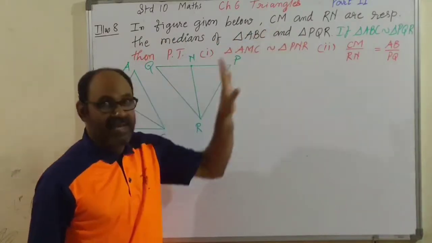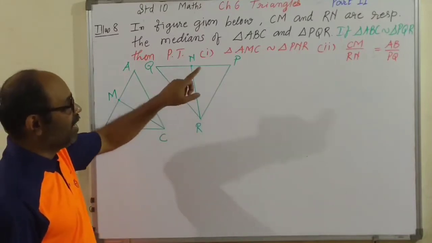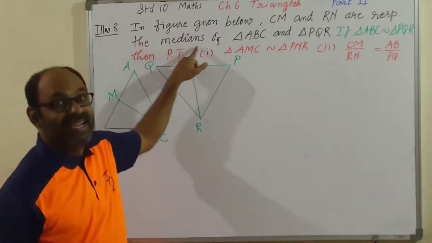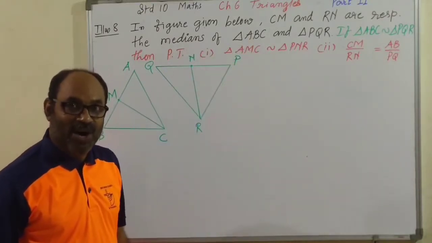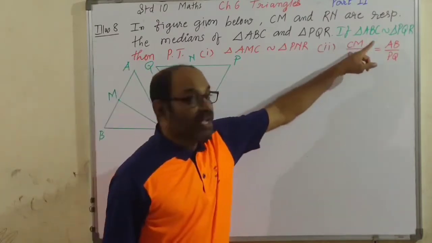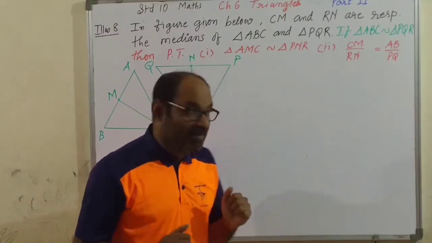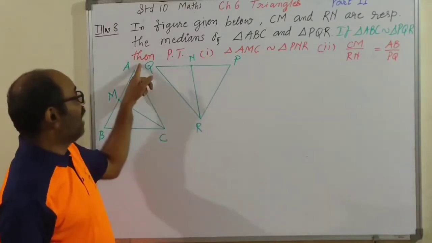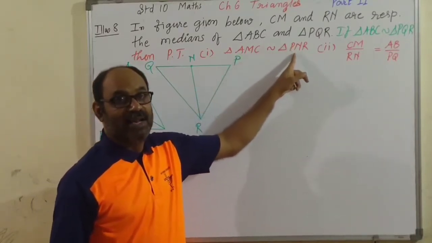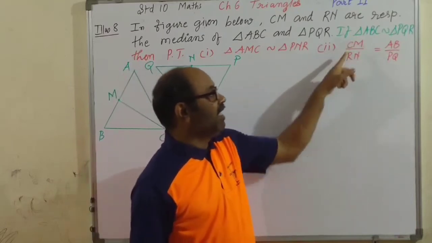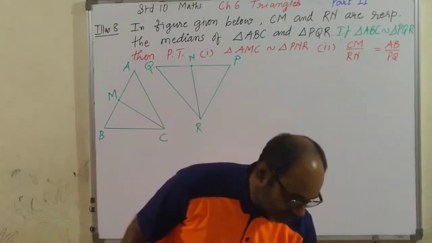CM and RN are respectively the medians of triangle ABC and triangle PQR. If triangle ABC is similar to triangle PQR, the two triangles are similar, then prove that one, triangle AMC is similar to triangle PNR, and second, CM upon RN is equal to AB upon PQ.